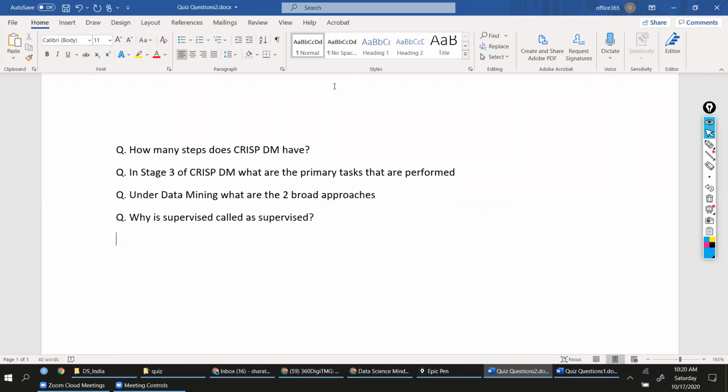So data mining concepts basically train our machines to capture the insights or capture the pattern in the data.